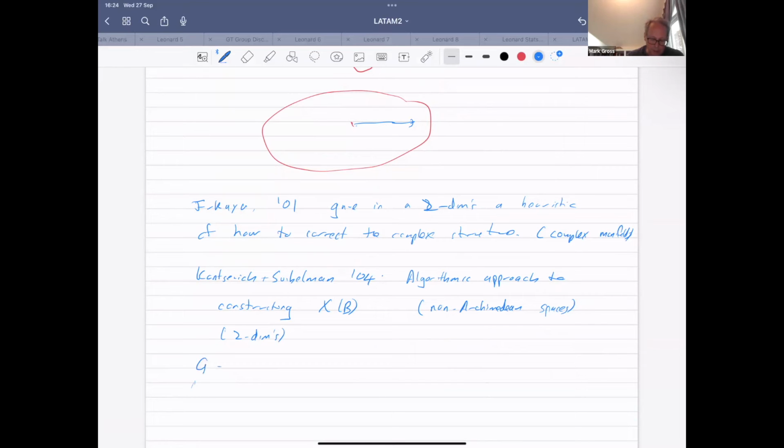And then myself and Siebert in 2007 gave an algorithmic approach to constructing X of B inside algebraic geometry.